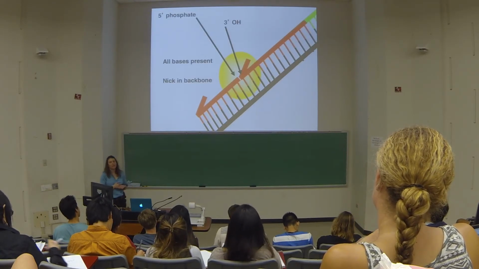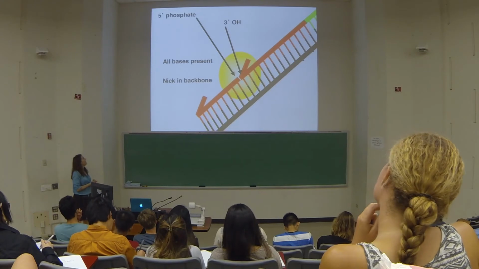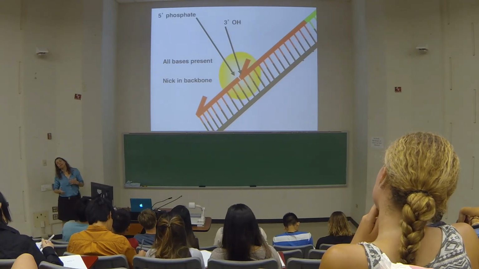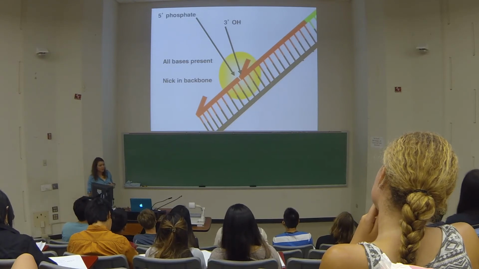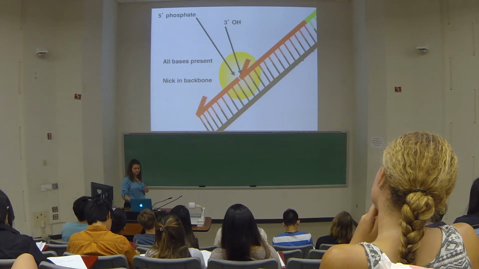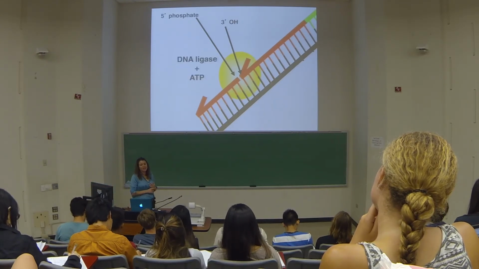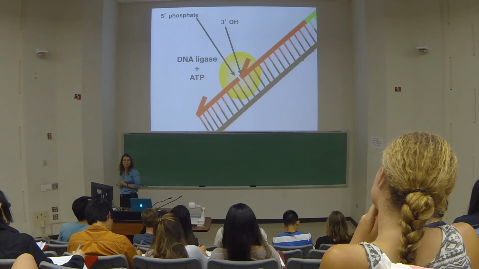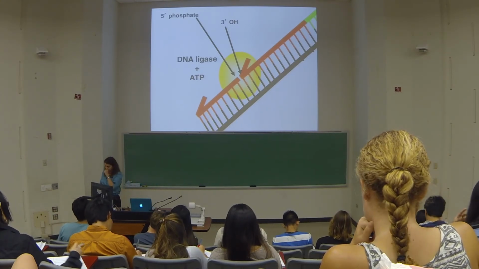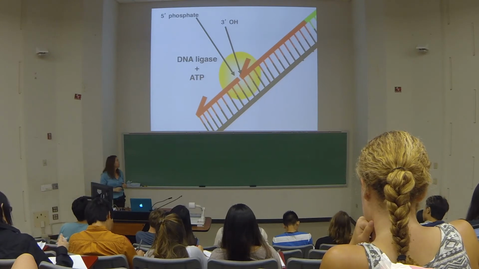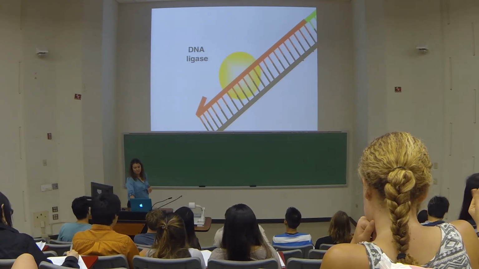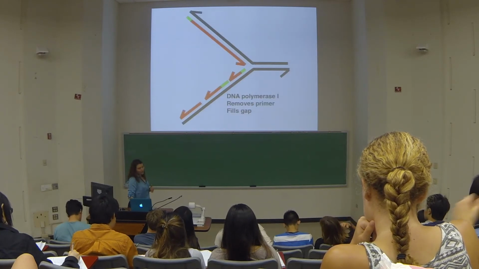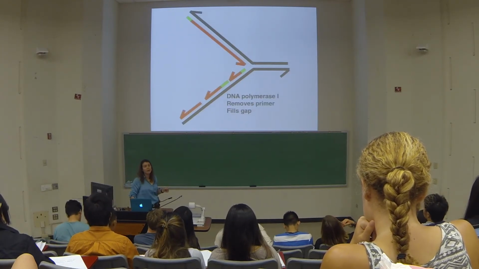All right, we have all our bases present. We have a 5' phosphate, we have a 3' hydroxyl. We just have a break. So DNA ligase, with the help of ATP, can seal up that break. All right, so we have our DNA polymerase 1.